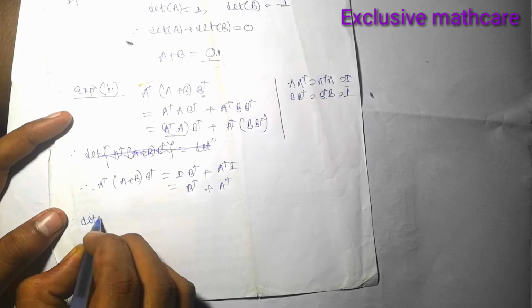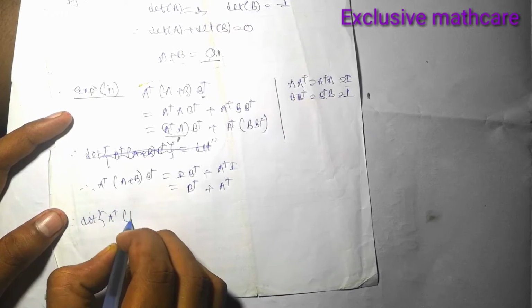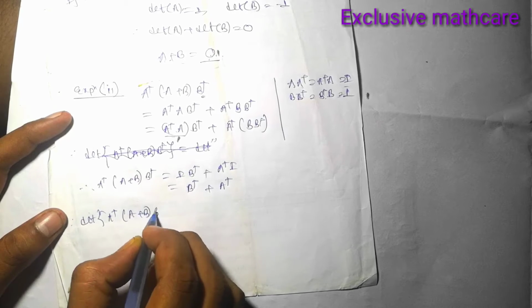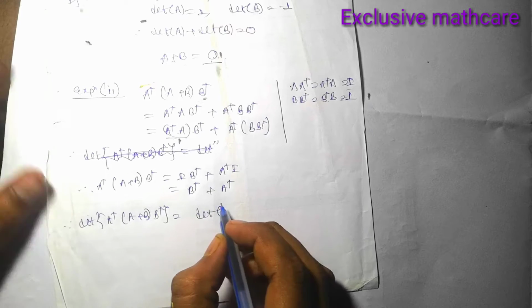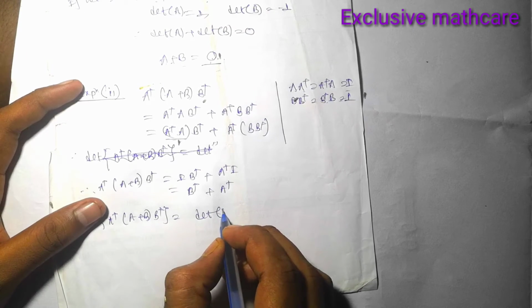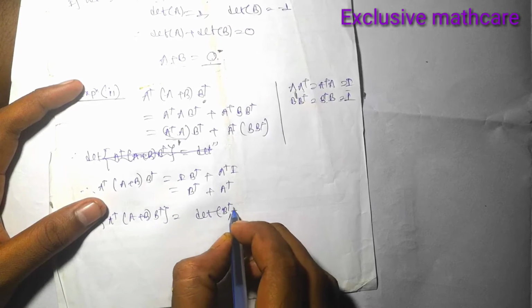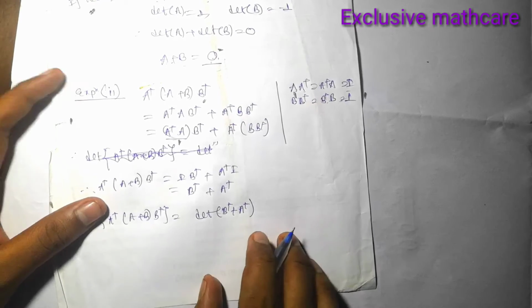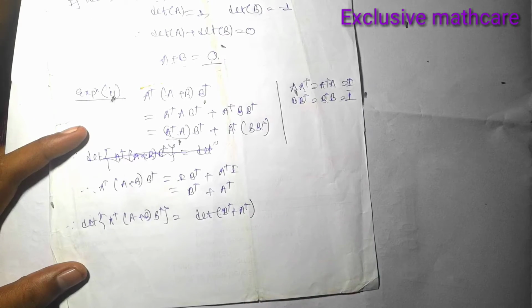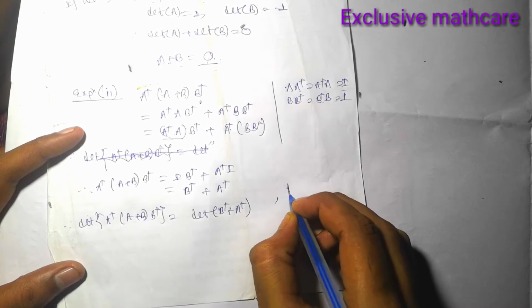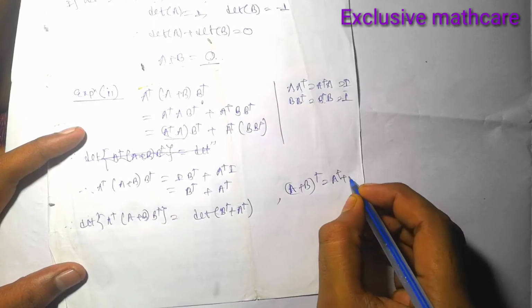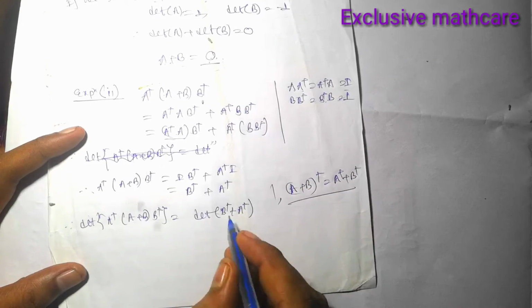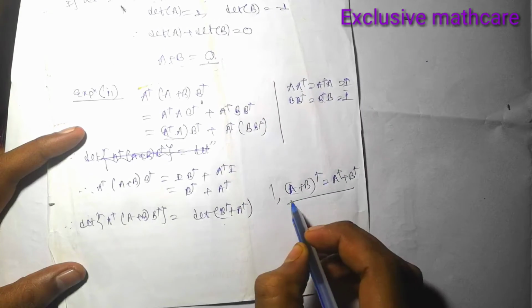So det of A transpose into A plus B into det of B transpose plus A transpose. Also we know A plus B transpose equals A transpose plus B transpose. So in this place we write this.